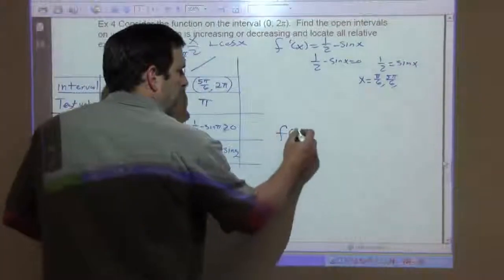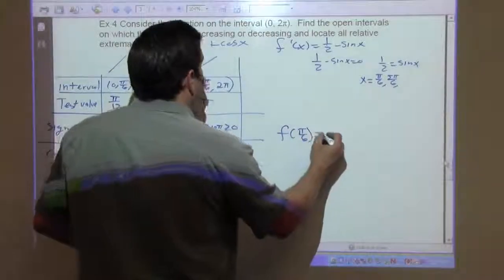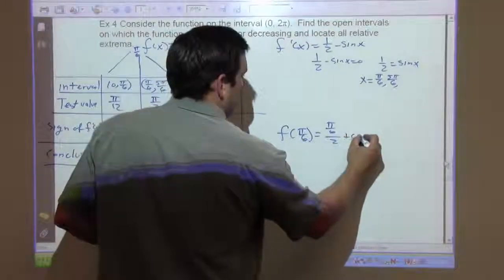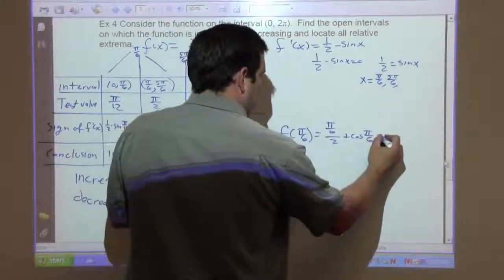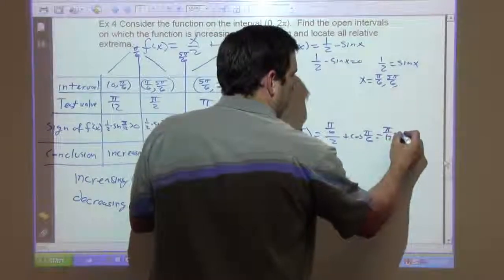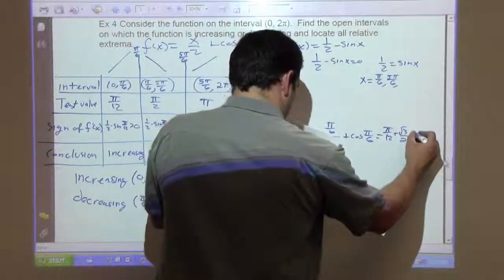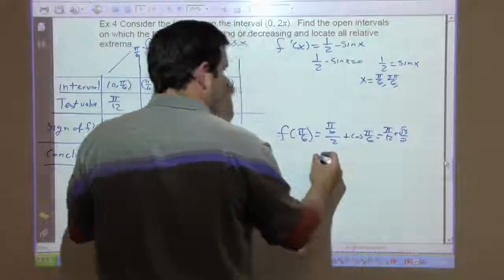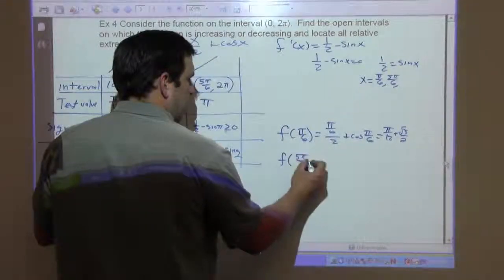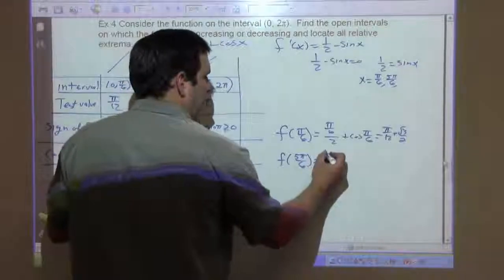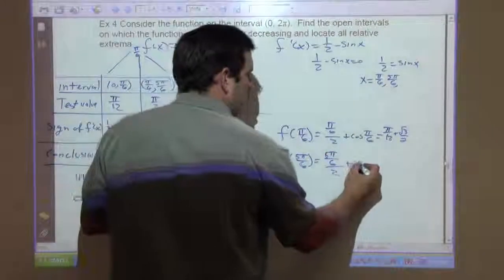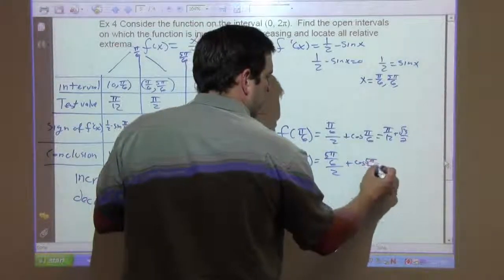So if we look at f of pi over 6, we have pi over 6 over 2 plus cosine of pi over 6. And that's going to be pi over 12 plus the square root of 3 over 2, which gives us a relative maximum. F of 5 pi over 6 is going to be 5 pi over 6 divided by 2 plus cosine of 5 pi over 6.